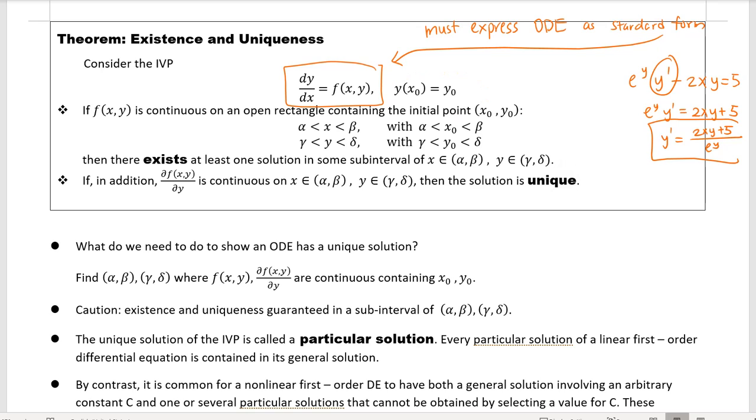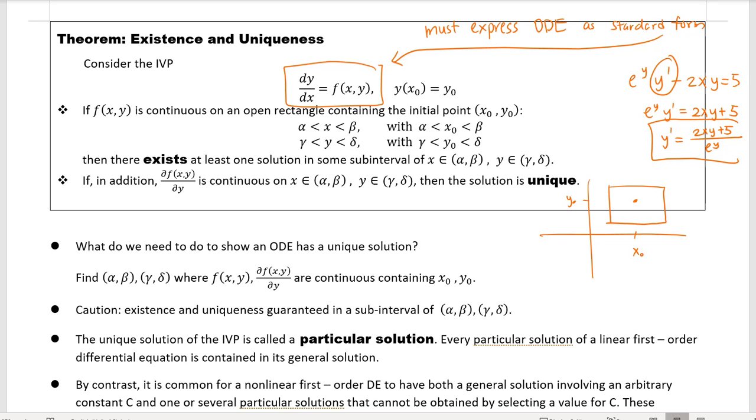Okay, let's look at the following. If f, so f is whatever is on the right-hand side in the standard form, okay? If f of x, y is continuous on an open rectangle containing the initial point x0, y0. Okay, so let me draw a picture here. So let's say this is x0, this is y0, this is the point, okay?